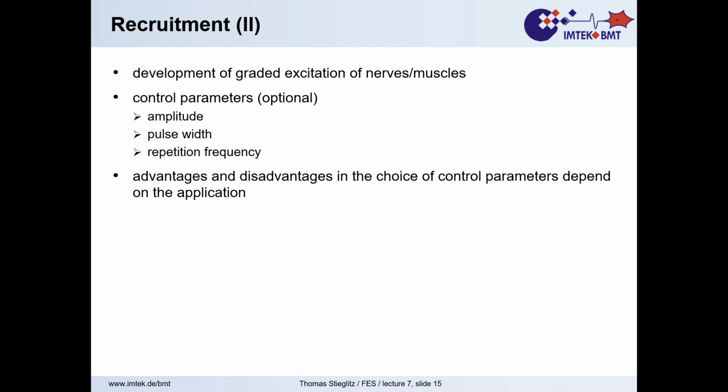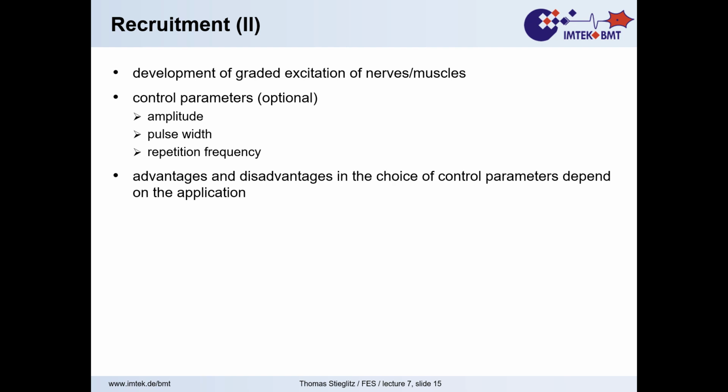But there's also the option, a kind of more old-style version, that you keep the amplitude constant and vary the pulse width. By that you also change the charge under the curve, and you move on your Chronaxie-Rheobase curve. That also changes the recruitment characteristics during stimulation. There have been some groups who worked on that, constant amplitude with change of pulse width.